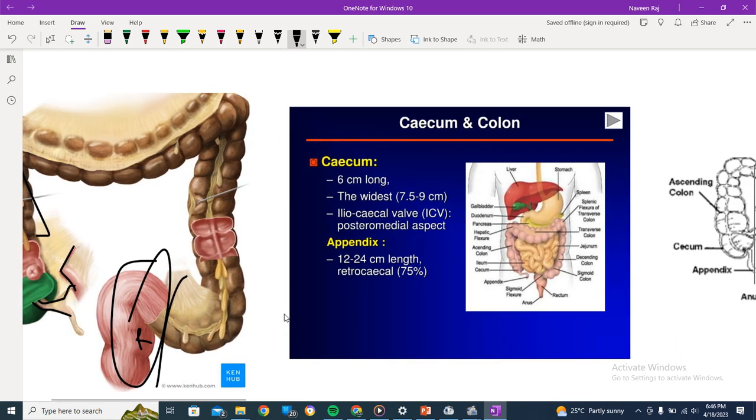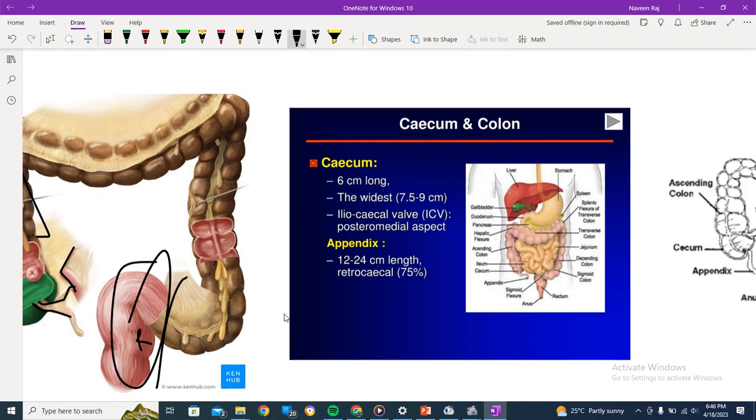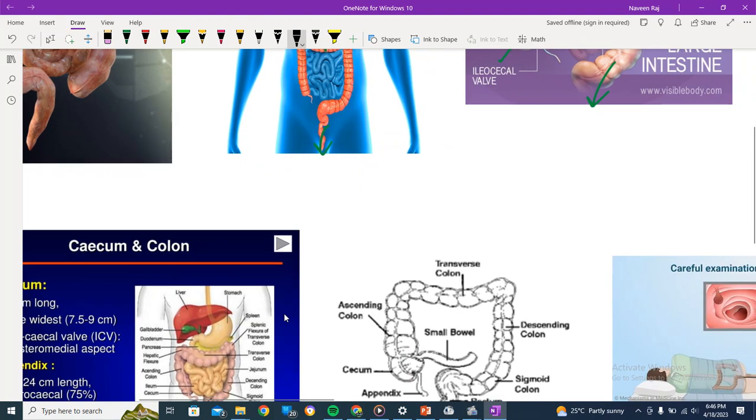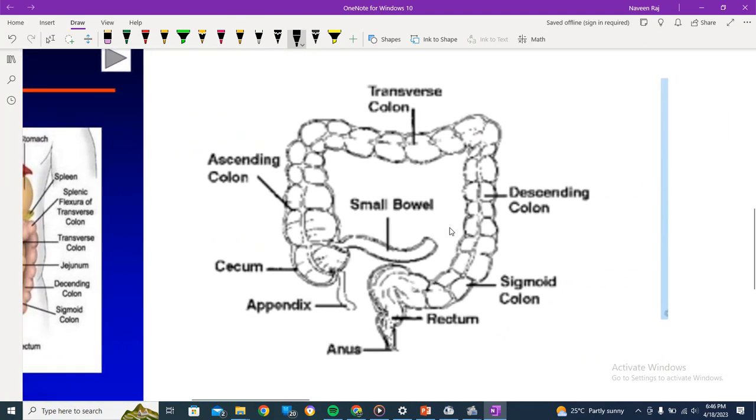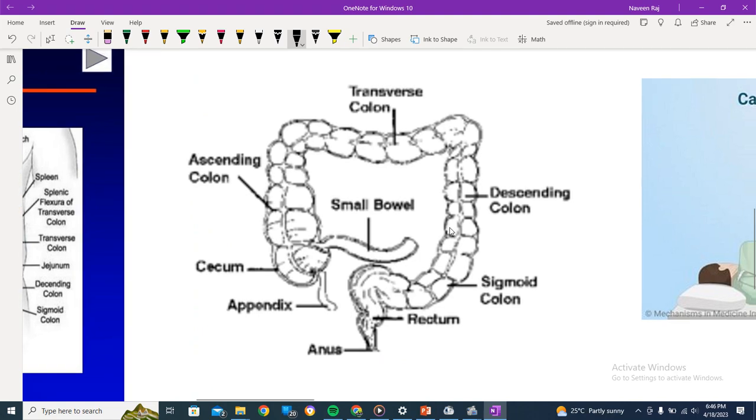Okay, so first of all I'll go for the cecum. I will take help of this diagram for complete information. So the cecum is a part which joins the large intestine at the lower right side.